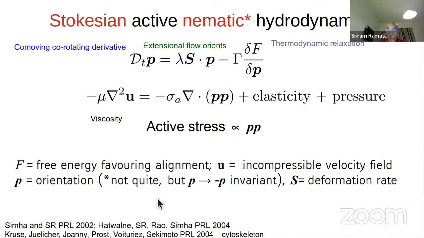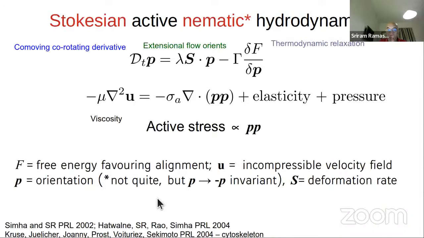Regardless, in that unstable regime, the instability takes place only if Q is small enough, right? You've got two terms. You've got a term proportional to sigma A over mu, and you've got a term proportional to K over viscosity times Q squared. So the comparison is between sigma A and K Q squared.